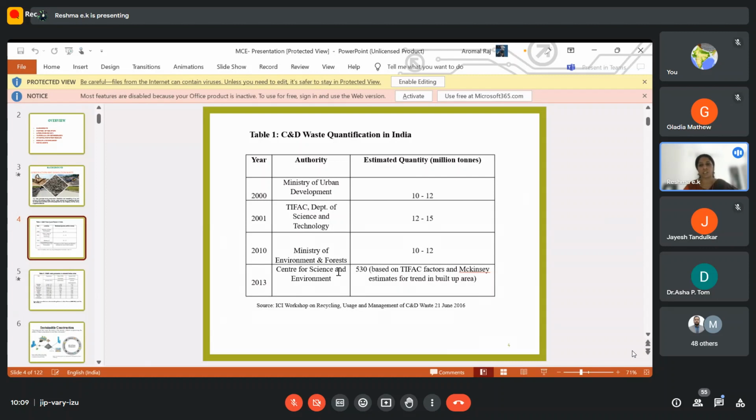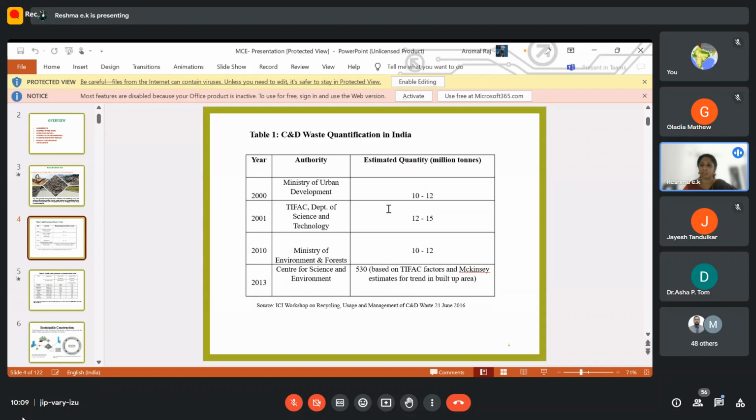But this quantification says it's 530 million tons, which is actually an underestimate, because there are many other studies exclusively on quantification of construction and demolition waste in India. Most of the literature says that it is an underestimate.